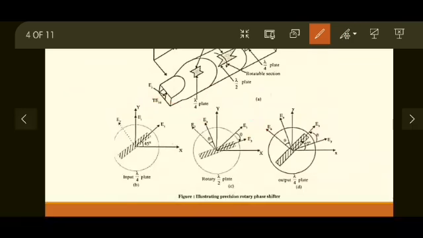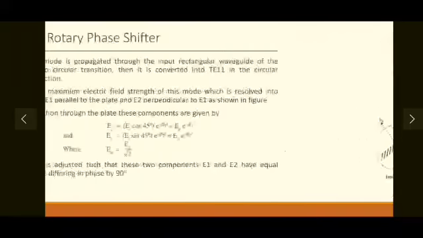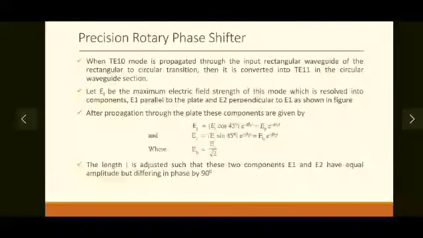So let's see how it is done. When the TE10 mode is propagated through the input rectangular waveguide of the rectangular to circular transition, it is converted to TE11 because of the first quarter wave section. Let EI be the maximum electric field strength of this mode, which is resolved into components E1 and E2.